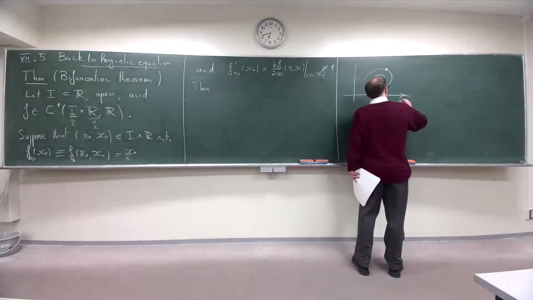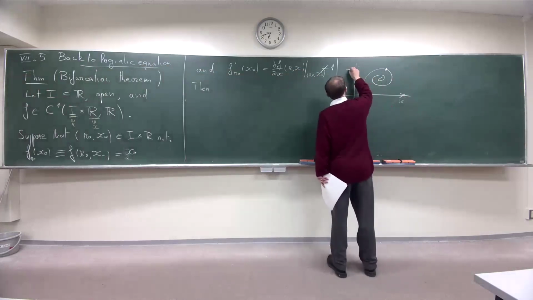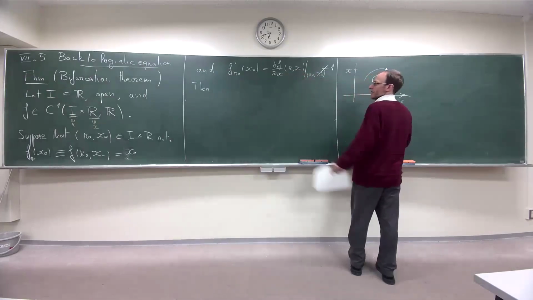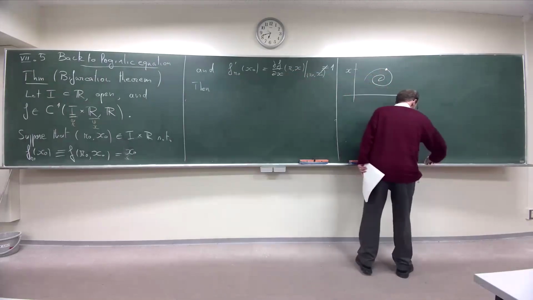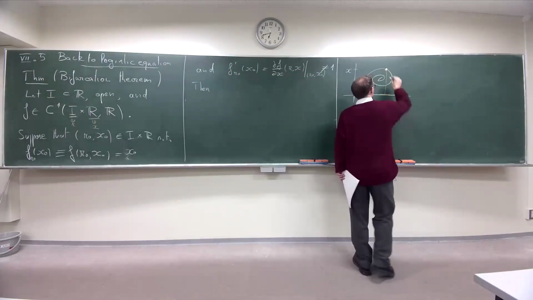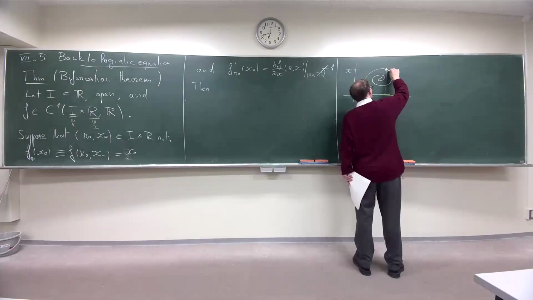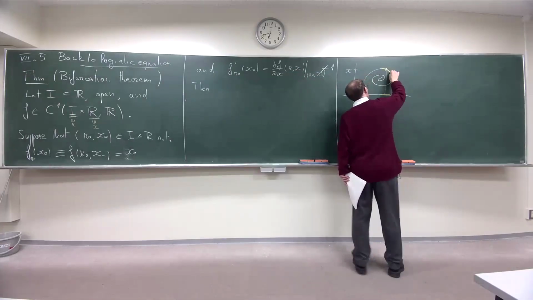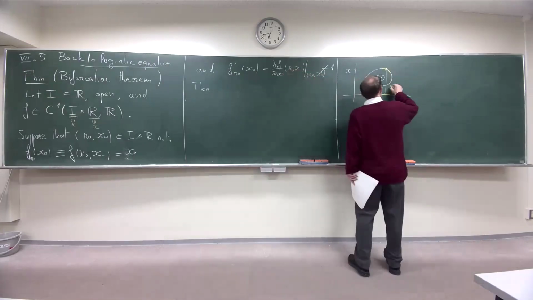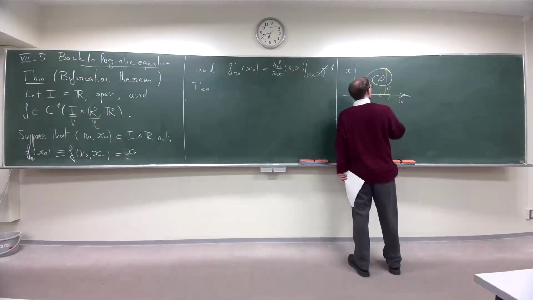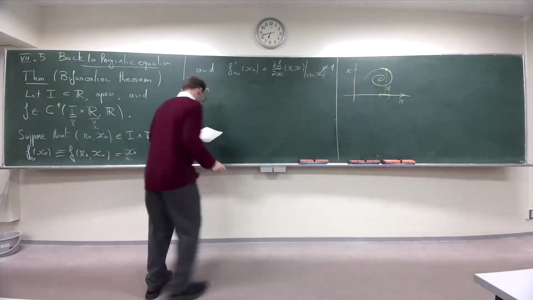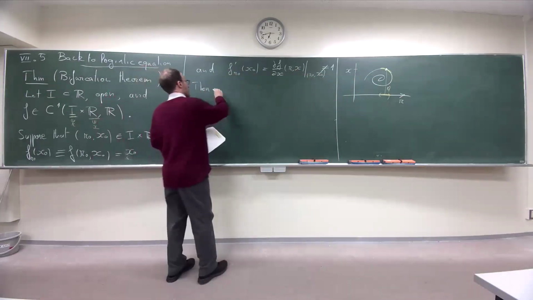You have R and the variable X. And I assume that a certain derivative is different from 1. Then the implicit function theorem tells me you can find a small interval and describe this complicated curve locally as a normal function. So you have a phi, which is a function on this interval, which describes this. This is exactly what I'm going to write, in a precise formulation.